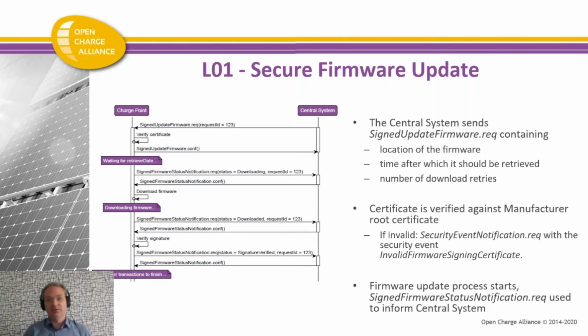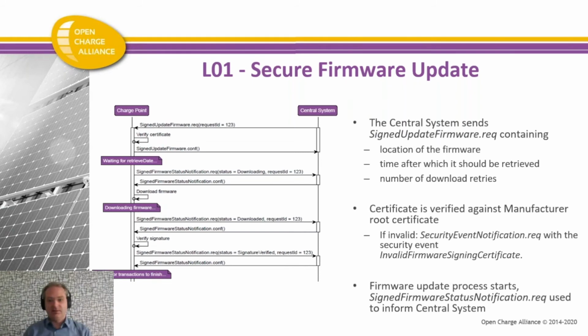Once it's downloaded, you can say that it's downloaded. You can see that here in the status, for those of you that can read this text. And once you have downloaded the entire firmware, you have to verify the signature on the whole package. Once that is done, you can notify the central system that the signature is verified, and then you can actually start installing the firmware.